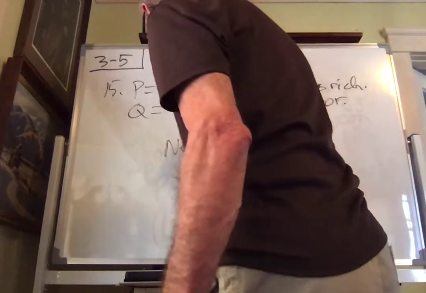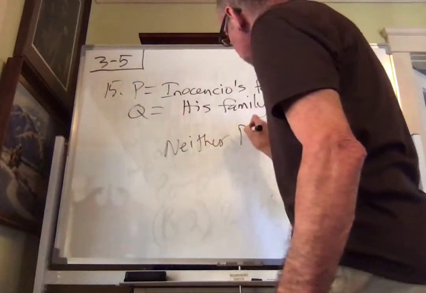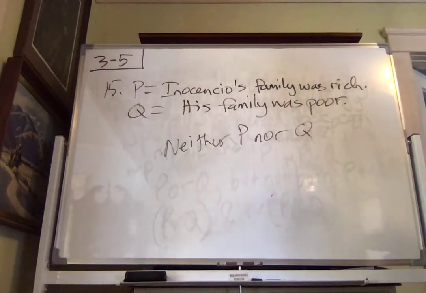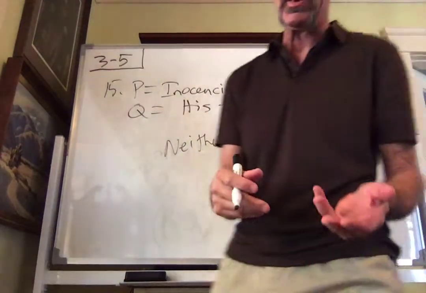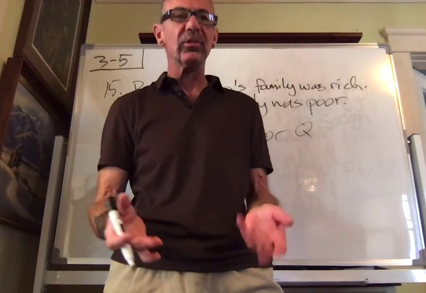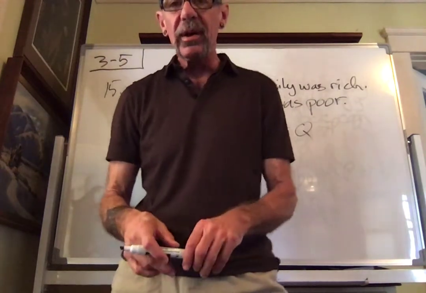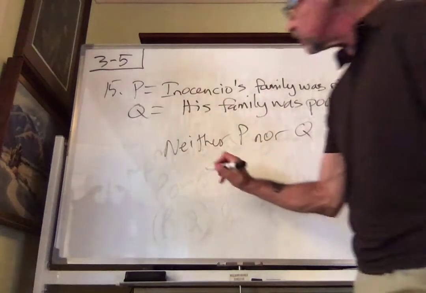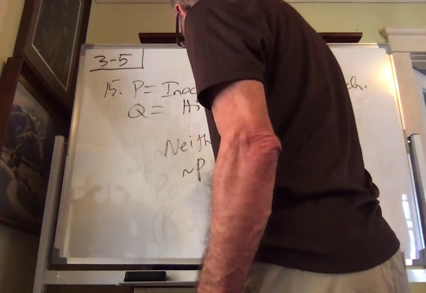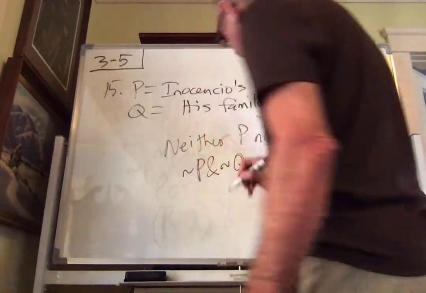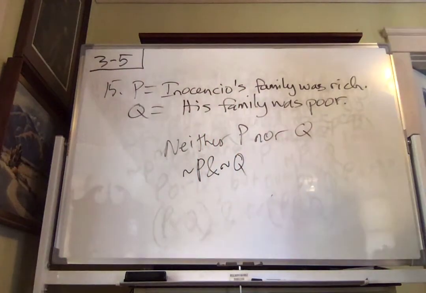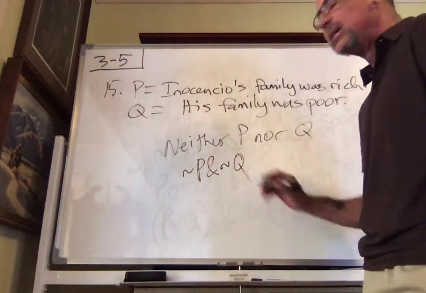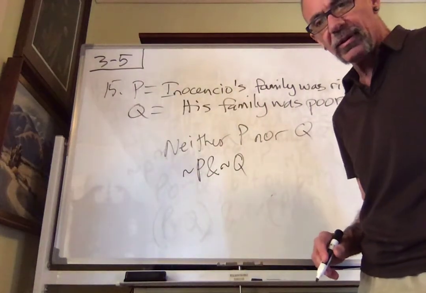And we're told that neither P nor Q. Well, there are two different approaches you can take to translating this, and they'll get you equivalent translations, so they're equally correct. One is to notice that if we're told that his family was neither rich nor poor, that means his family was not rich, and it's also true that his family was not poor. So we get a conjunction where each conjunct is a negation.